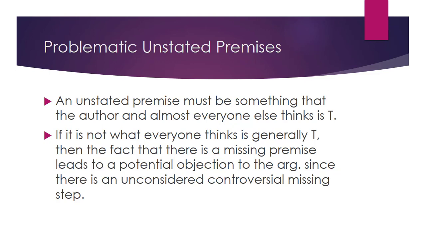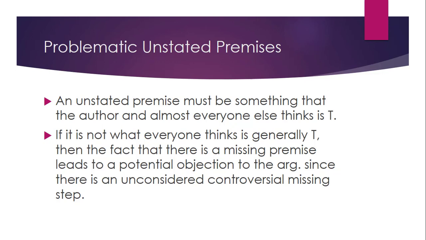But when they give an argument with unstated premises, it should be the case that the unstated premise is something that's pretty much uncontroversially true. If it is not what everyone thinks is generally true, then the fact that there is a missing premise leads to a potential objection to the argument, since there is an unconsidered, controversial missing step.